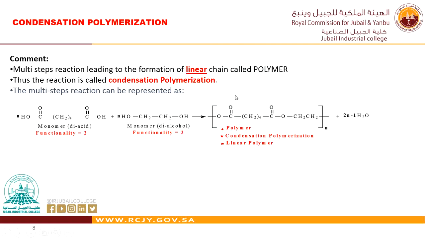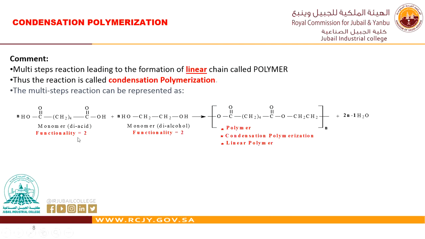So you end up with a polymer chain, and instead of writing a long chain, we put it in brackets, as we have seen in chapter 5, where the repeating unit is put into the bracket, and then you have n to indicate the number of repeating units, and this gives you the amount of water that will be eliminated during the reaction.